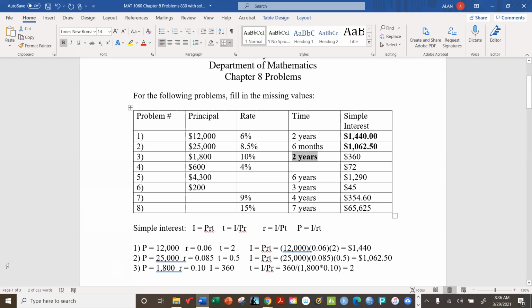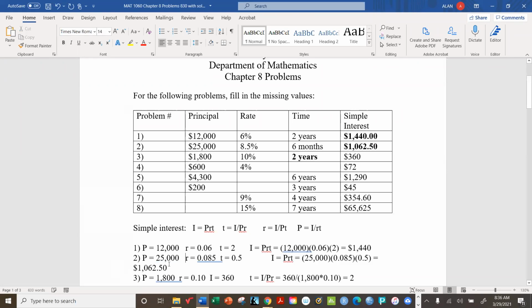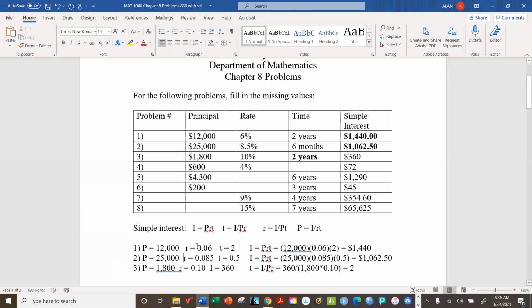All right, so far so good, I hope. And yes, these are very, very simple and straightforward for the most part. Number 4 is also another time problem. This time, though, the principal is 600, R is 4%, the simple interest is 72. So when we calculate T, we have 72 over the product of 600 and 0.04.